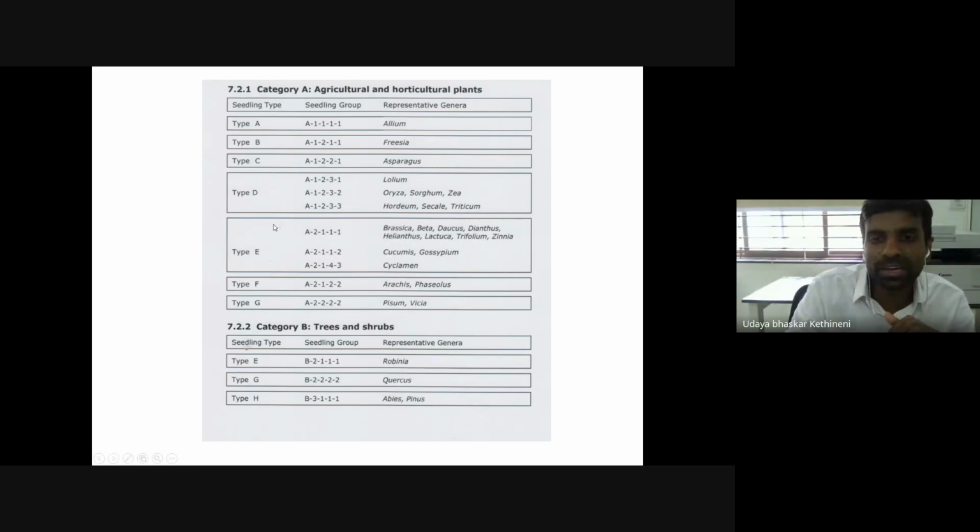For rice, it is A1232. A is for agriculture and horticulture crops. The next number, 1, is for monocot; 2 is for dicot, 3 is for conifer. Then the next is the type of germination, whether epigeal or hypogeal. Why does it matter?